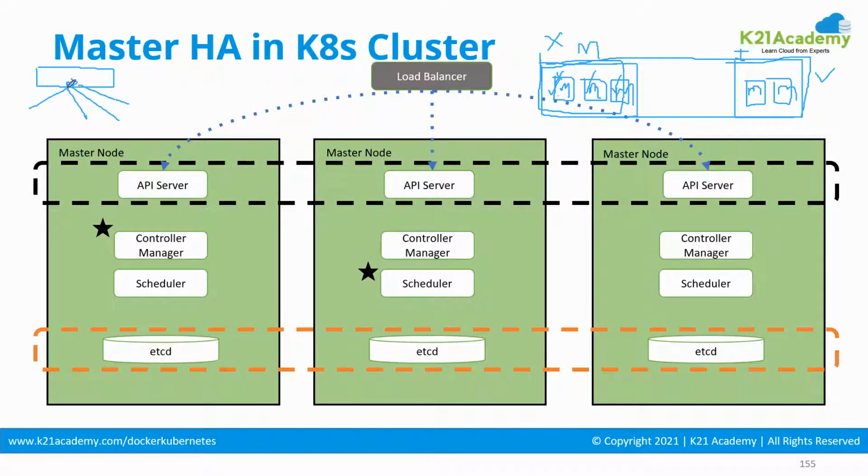Let's say 3, 4, 5. So these are my endpoints. So I have 5 master nodes. They are connected to this IP address of the load balancer, and that IP address is called a VIP. So behind this VIP there will be 5 master IPs, and you can say they are the endpoints.